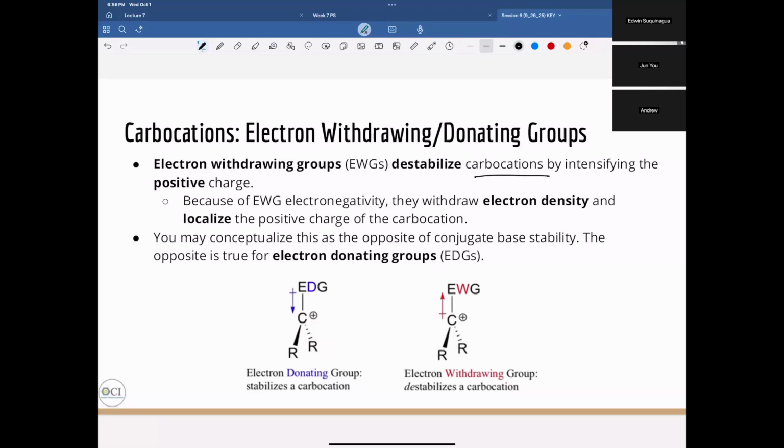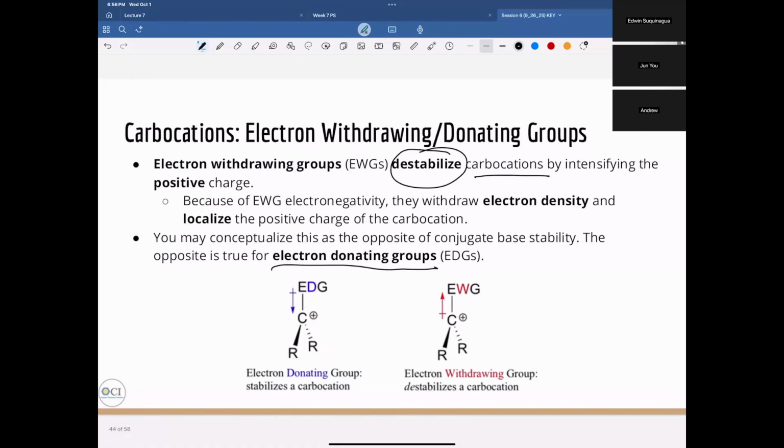It's going to destabilize it even more, because that carbocation is going to become even more positive. So electron withdrawing groups destabilize the carbocation. On the other hand, electron donating groups donate electrons towards the carbocation, so they are better at stabilizing it. That's why electron donating groups stabilize the carbocation.